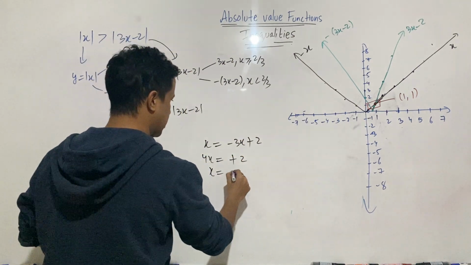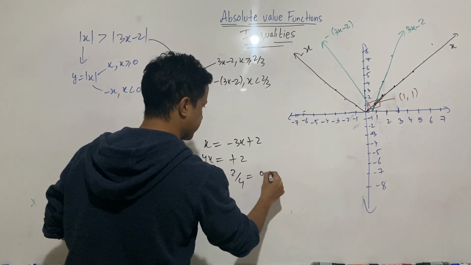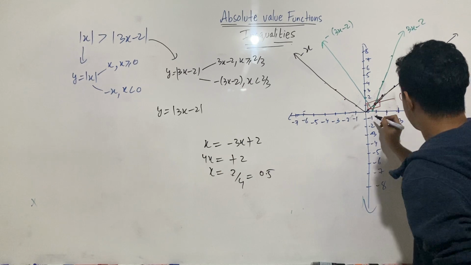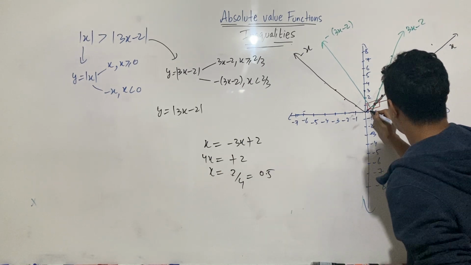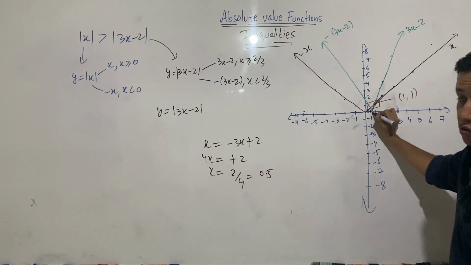So it's going to be 4x equals 2, means x is 2 by 4, 0.5, right? So 0.5 means this one. The vertex is at 0.5.